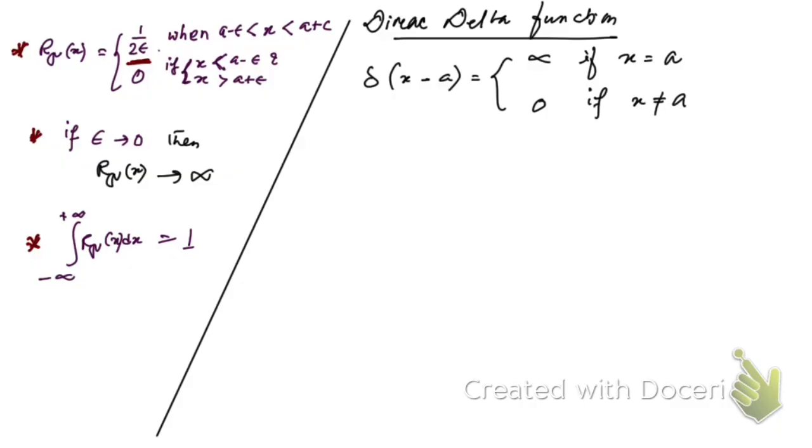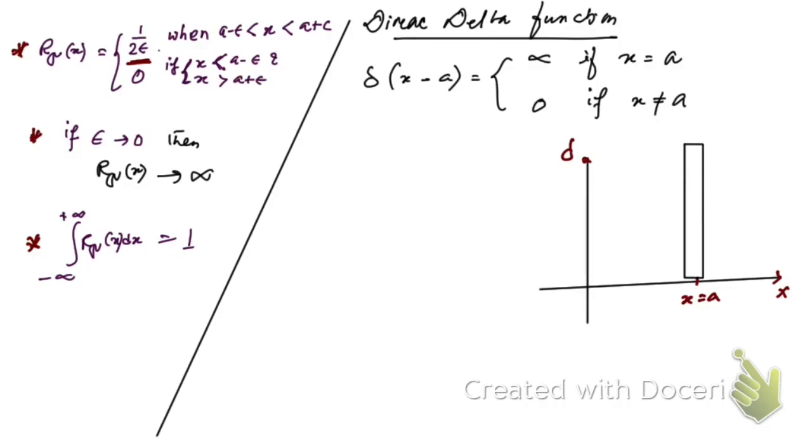Now you see, suppose this is the graph. This is x, this is delta. Now this point is, suppose, x is equal to a.